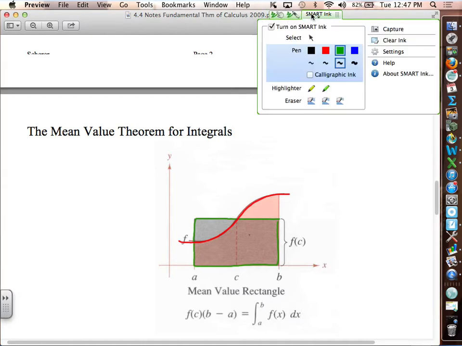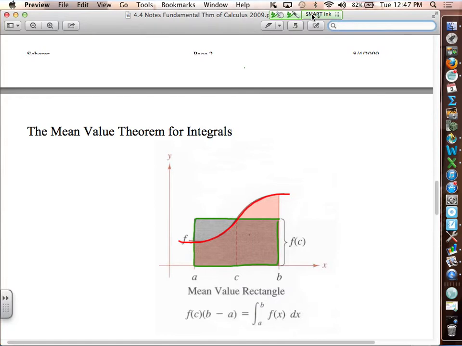Now they'll use the symbol F of C for average value. So F of C is going to be the height of this rectangle.